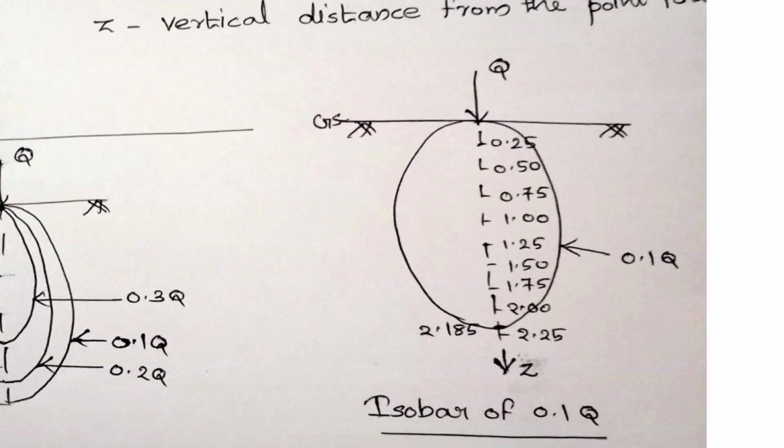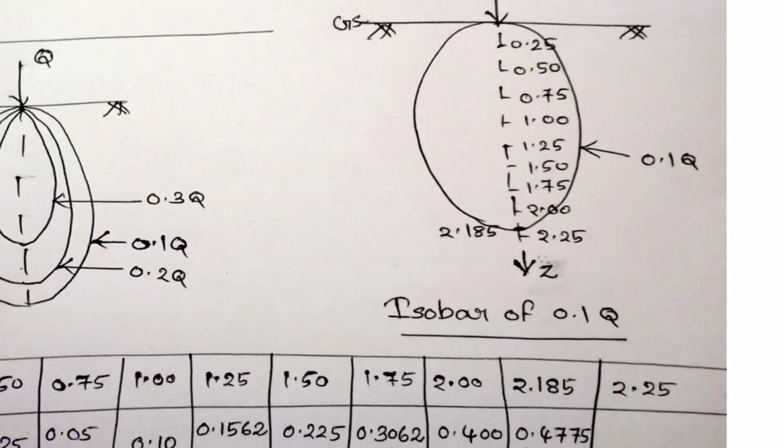At depth 0.25 q, we are getting a particular r value. This is the point, and the next point is z equal to 0.5 and its corresponding r value, and for z equal to 0.75 we will get another r value, and for z equal to 1 we will get another r value. Likewise, we got the different points.